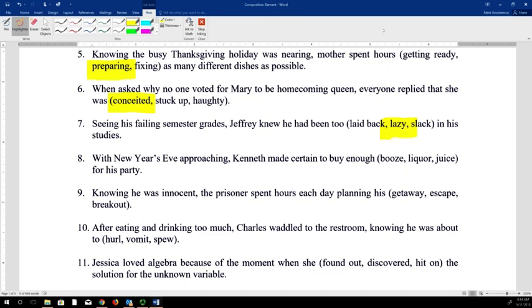Number 8. With New Year's Eve approaching, Kenneth made certain to buy enough blank for his party. There's a lot of different slang terms for alcoholic beverages, but the word liquor is standard. Booze, juice, sauce, all of those terms are slang.